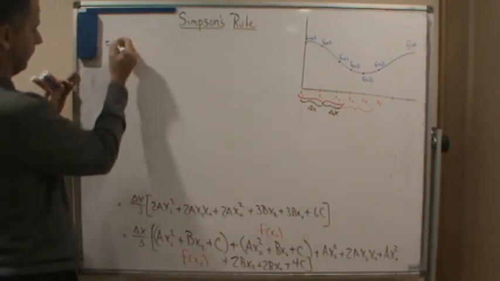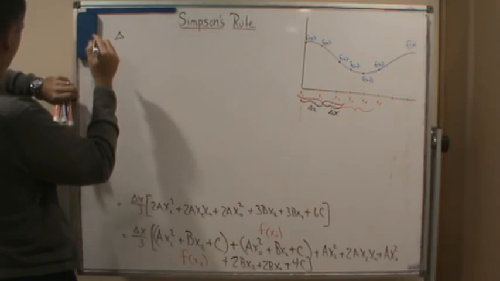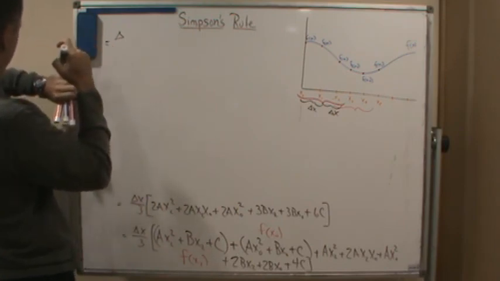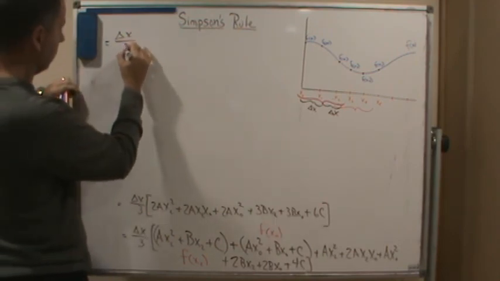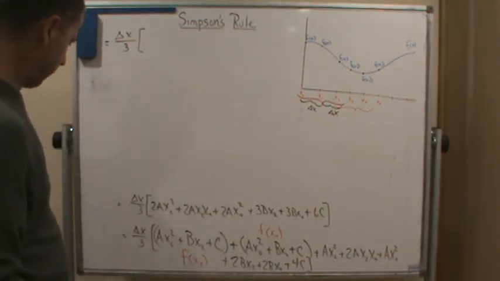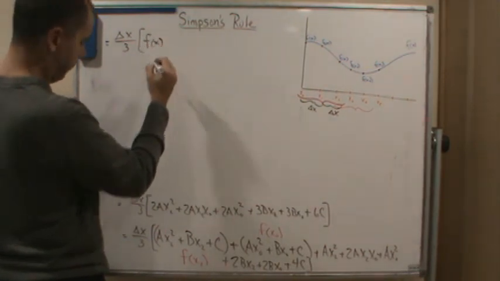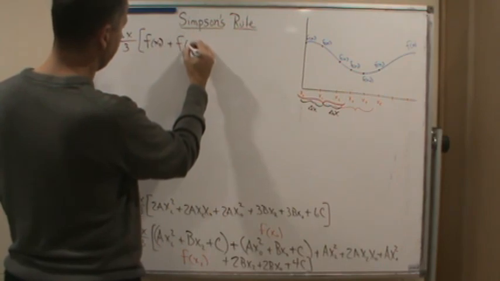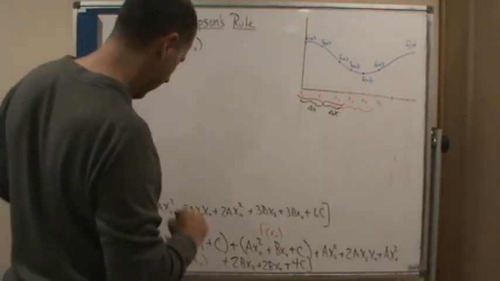This is equal to delta x over 3 times f of x2 plus f of x0, right?